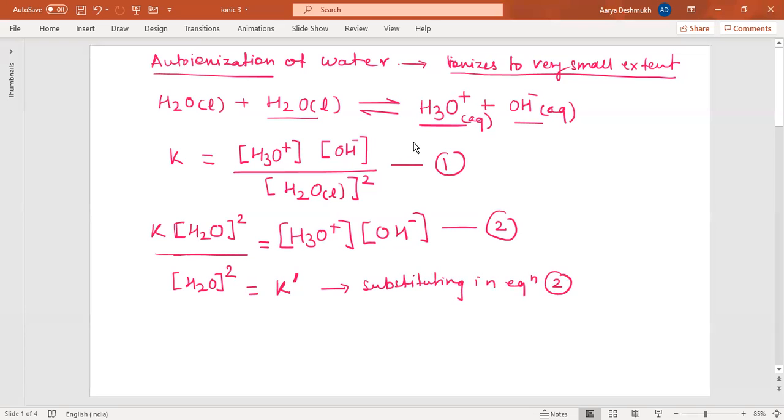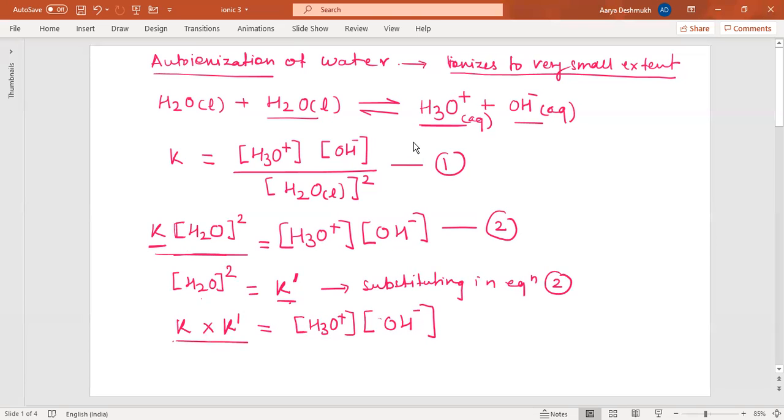So instead of the concentration of H2O raised to 2, K into K dash, you can write K dash. And this will be equal to the concentration of protonium ion into the concentration of OH minus ion. Now what is this K into K dash?